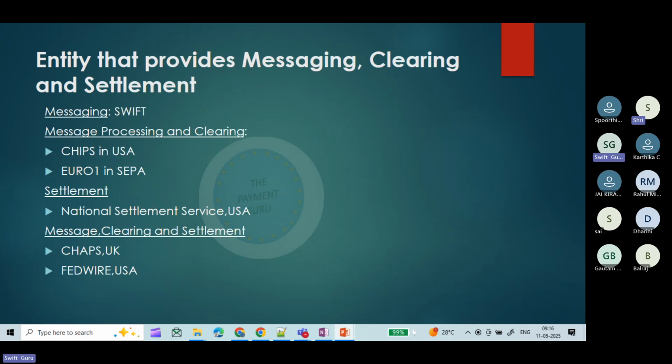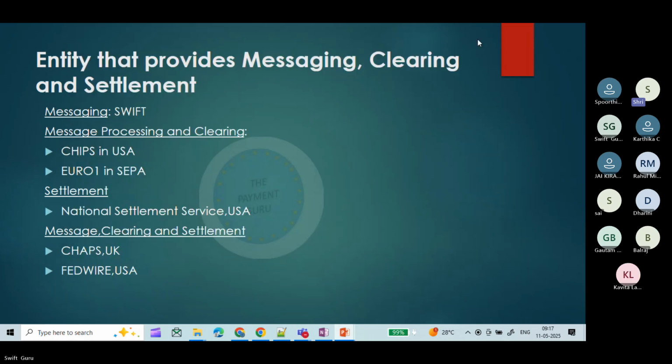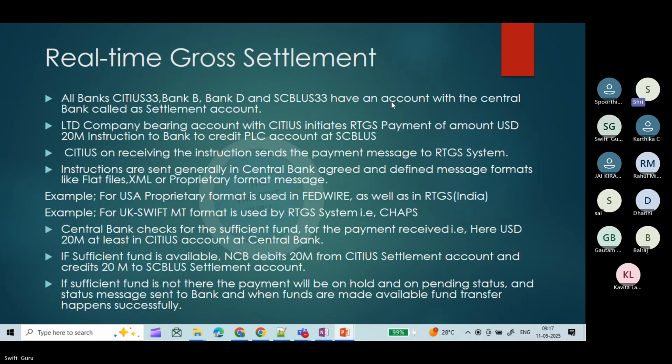Sorry, I had one small question. When we were talking about ACH earlier, I think we mentioned that in terms of the gross settlement, there is a balance maintained at the central bank for settlement to happen.